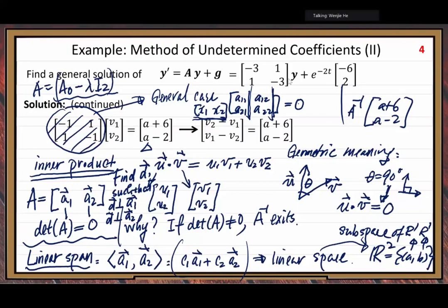If you feel left-hand side multiplication is not very natural, you do a transpose and get the right-hand side version: A11, A12, A21, A22, then x1, x2 equals 0.